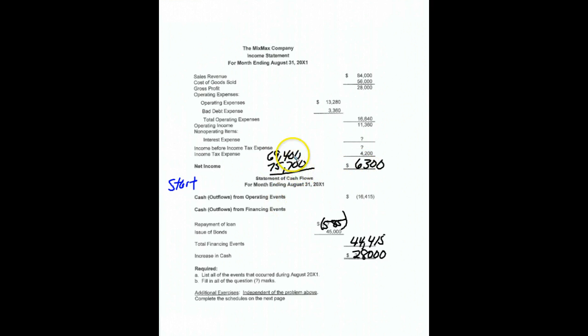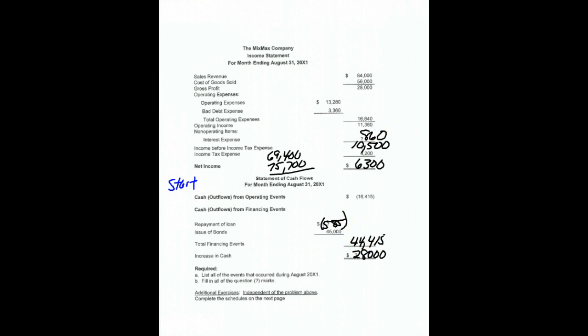Now, it's also possible that dividends could have been one of the changes, but when I look down here under financing activities, there are no dividend payments. So the only change in retained earnings is due to net income. Once I know that, then I can go back up. Income before income tax expense must have been $10,500, and then interest expense had to have been $860. So then I'm all finished with that. Okay, so that solves for the unknowns.